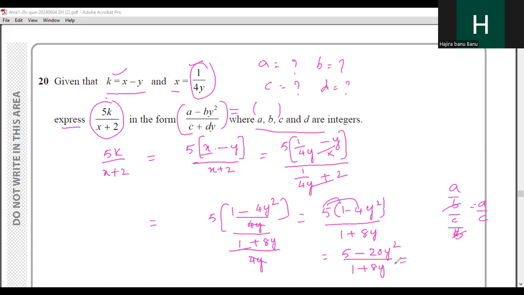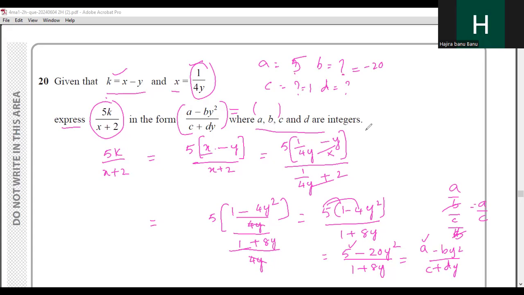Let us compare this with the given expression a minus by squared divided by c plus dy. You can see the expression is similar. In place of a, we have 5, so my a value is 5. In place of b, we have 20, so my b value is 20. Now the c value, if I compare, is 1.